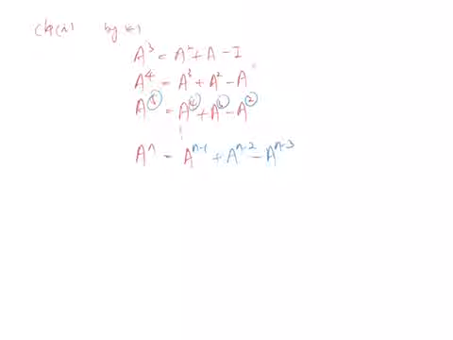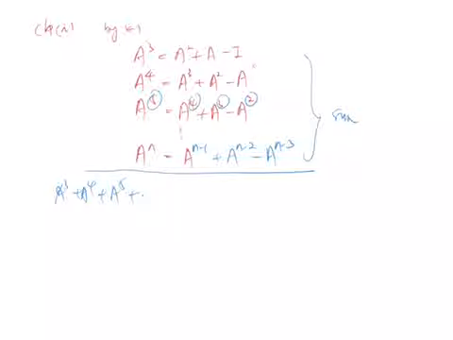And afterwards, we will add up all these n minus 2 equations, sum them all up. So the left hand side is A cubed plus A to the power 4, A to the power 5, up to A to the power n. And then on the right hand side, if you look at the relation, you will see that basically this will cancel, this will cancel, this will cancel. So you expect something like this.